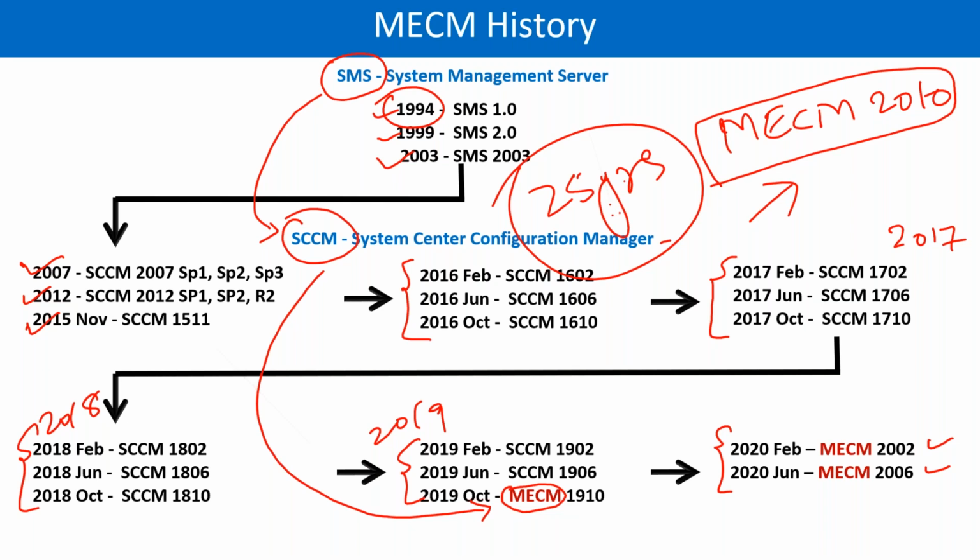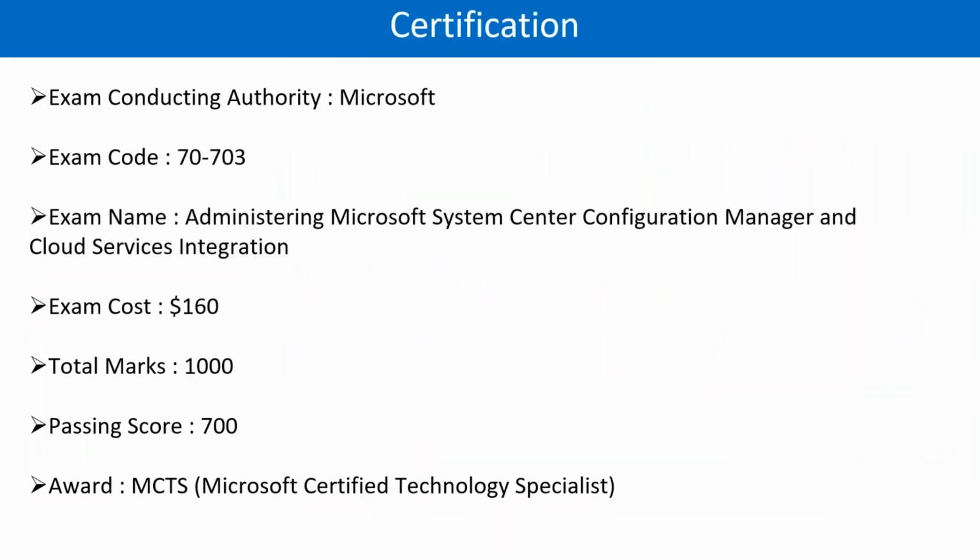So far now, it's okay. You can go ahead. We had one certification 70-703, but that is expired. We don't have any specific SCCM related certification. You are able to hear me properly?